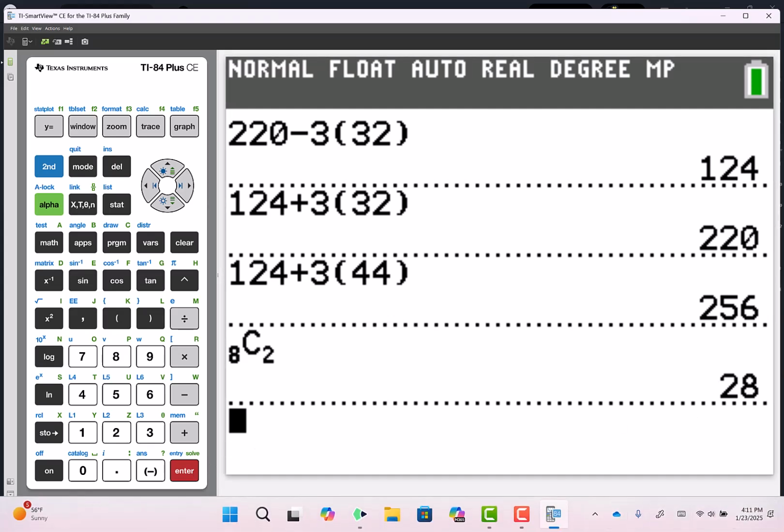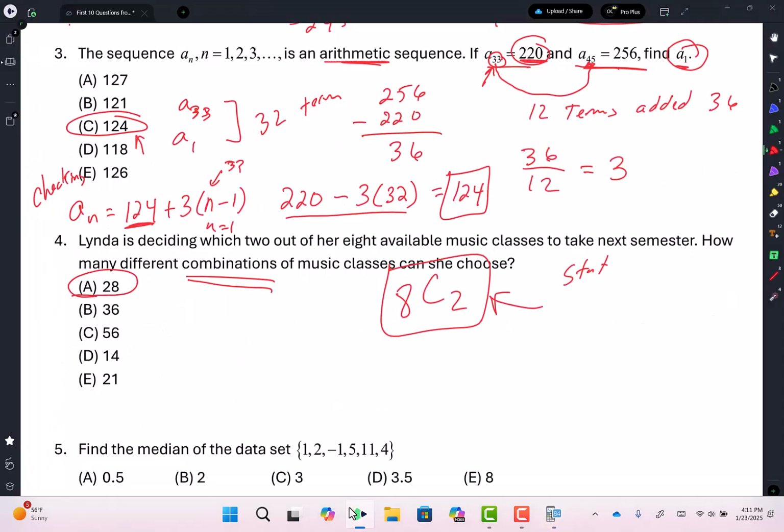So there's my answer, 28. Without doing a full-blown lesson, that means 8 factorial over 8 minus 2 factorial times 2 factorial. We would have to do a lesson, guys, to understand what all that is. So for now, let's just do it this way, and I think we'll be okay for now. Cool or not cool?